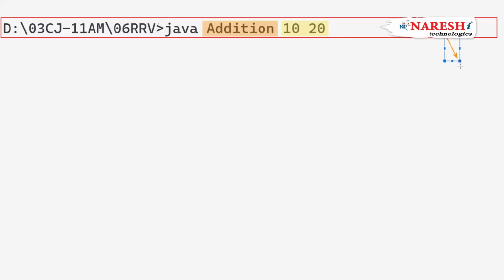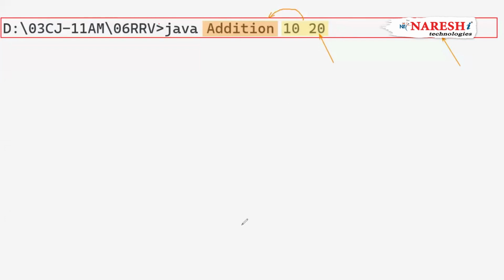First step: what is the command line? The line in the console, the line at which we are running the commands, is called the command line. Next, what is a command line argument? The values we are passing as input from the command line to a program are called command line arguments.